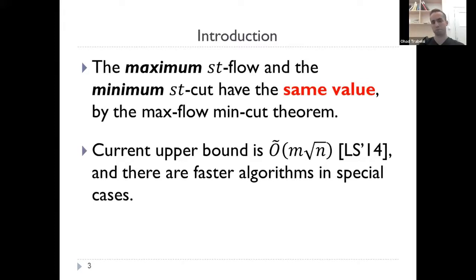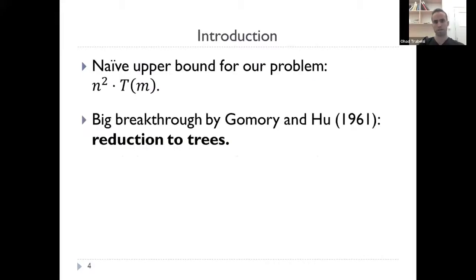And also, the current upper bound for the single pair version is m to the 1+o(1), where m is the number of edges and n is the number of nodes. And there are some faster algorithms in special cases. So the naive approach to solve our problem is to run the single pair max flow n squared times. And 60 years ago, Gomory and Hu showed how to reduce this problem to trees.